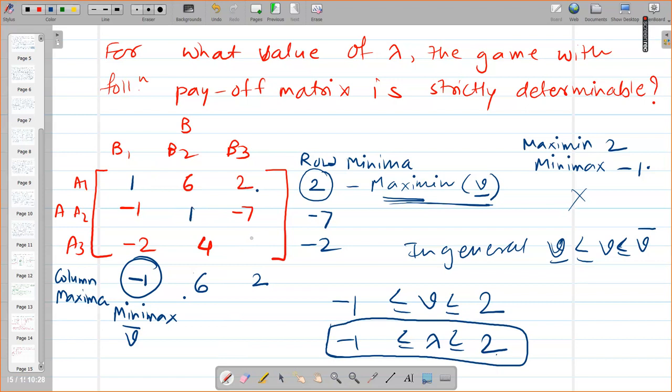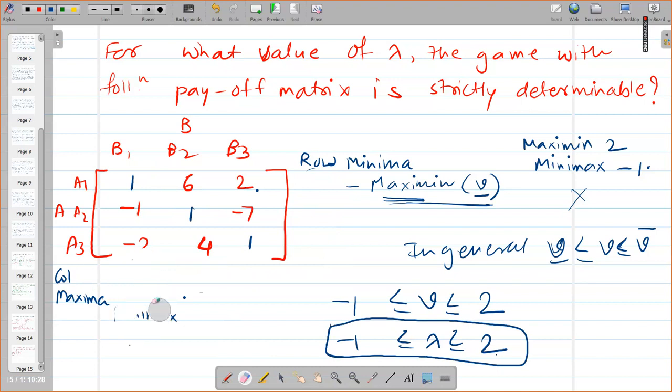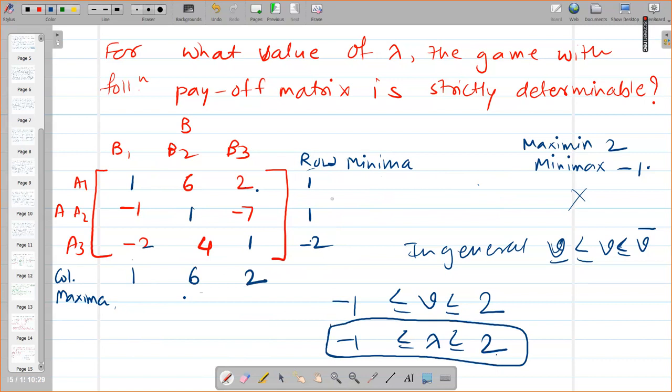I am putting 1 here. Now tell me, what will the row minima be? What will be the row minima? 1. This will be -7, -2. Column maxima will be 1, 6 and 2. Now what will be the maximin here?